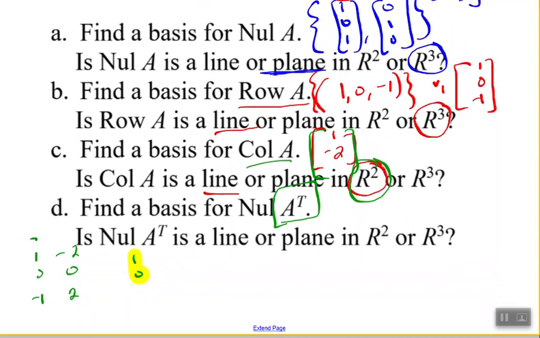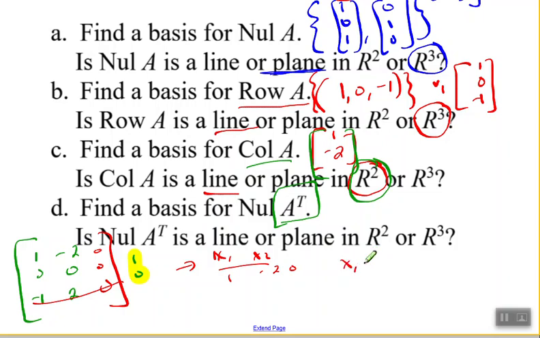So the second row became the second column. And I want to find the null space of that. Augment that with 0, we can obviously see that that just goes away. And it's already in row echelon form for us, right? We have x1 and we have x2, and now we only have 2 variables. And we just have 1, -2 equals 0.